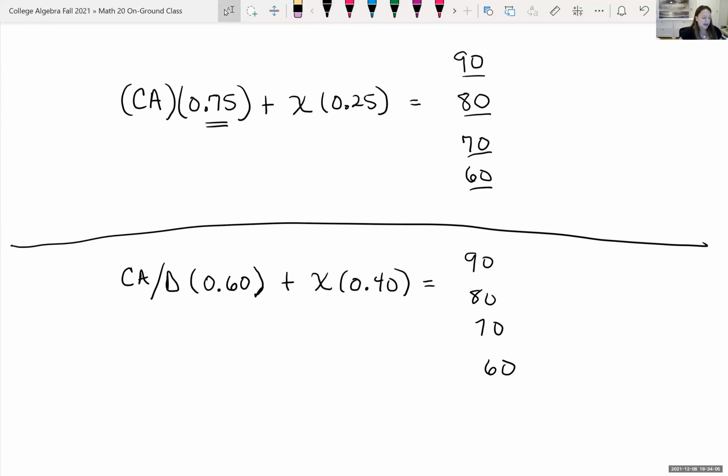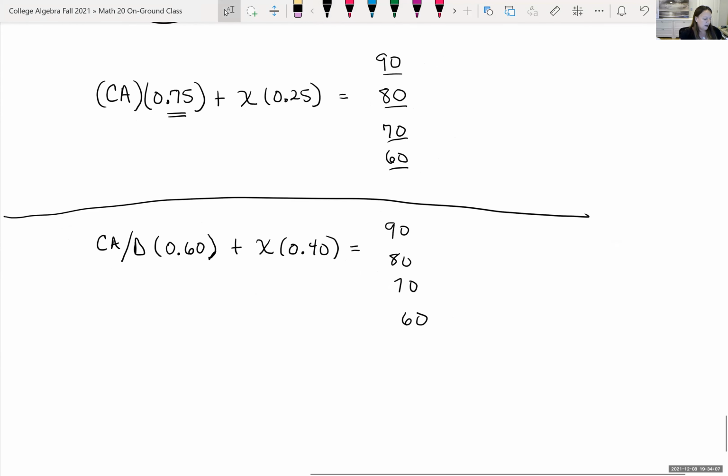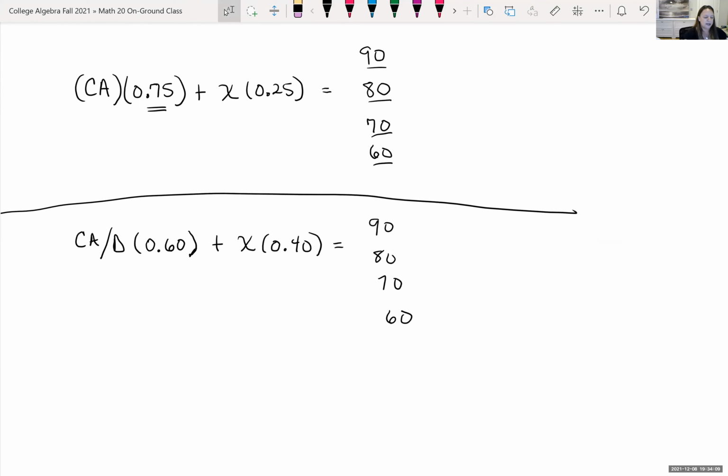Let's say that you're a student and you're coming in with, let's say, a 79%. Let's say your CA was 79%. And you want to know, can I get an A in the class? So to see if you can get an A in the class, we would go in here. We're going to plug in your class average, which is 79. I'm not going to put it as a percent.